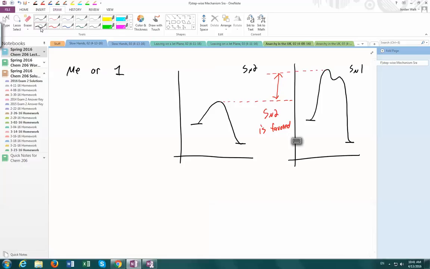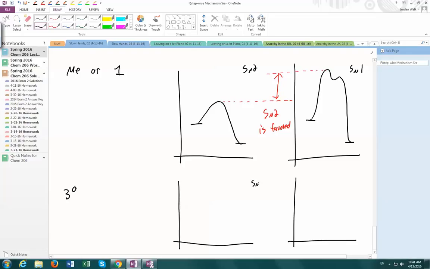And so then we can do the same thing where we have our tertiary. And so again, we'll draw a couple of energy diagrams. And so we'll again have SN2 and SN1. And so in this case, for our SN1, we've got a very stable tertiary carbocation. And so what we see is, well, that's not too bad anymore, is it? So it's really low, but of course it's going to be incredibly crowded for the SN2 reaction.